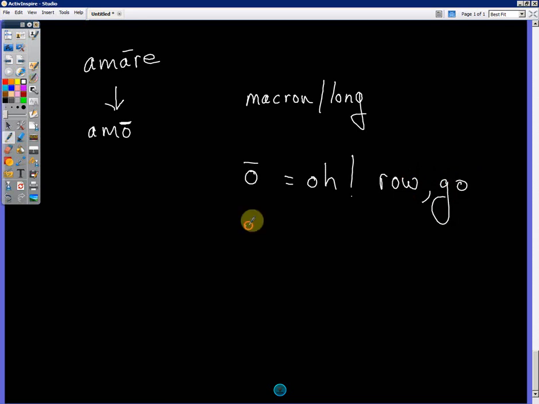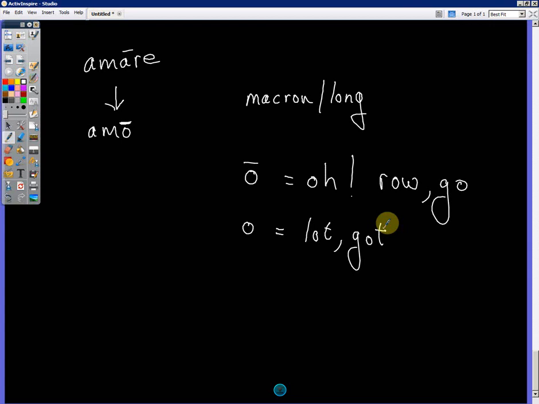But if there's no macron, it's called a short vowel, and it's like the O in the English word lot or got. So we've got O short, O long.